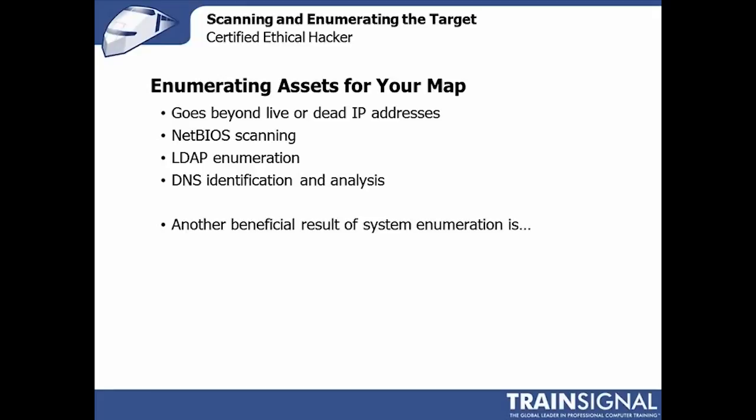It goes into doing NetBIOS scanning and looking for NetBIOS information about hosts and what's going on in the network. Identifying DNS information, doing a zone transfer, which we'll talk about later in a different video, and then identifying systems based on that. This is a little bit more about doing direct analysis of live hosts on the map, building all this information that is then used to launch later attacks or identify later compromises, potentially.